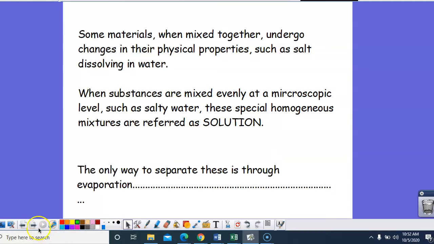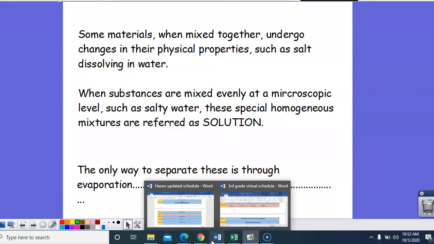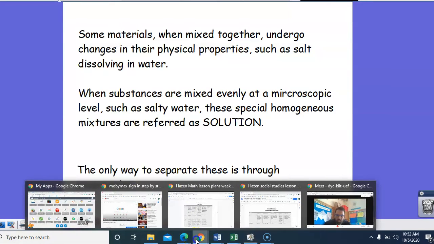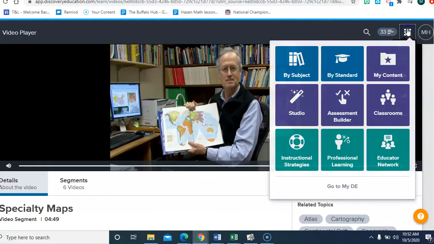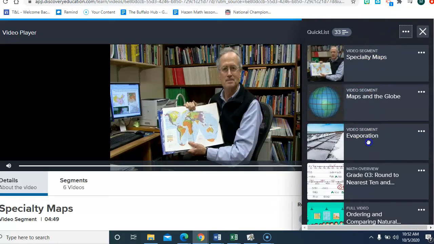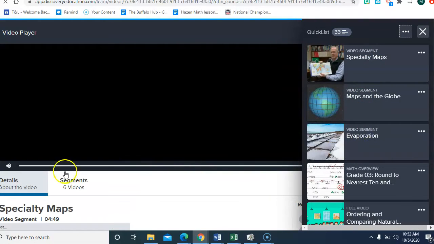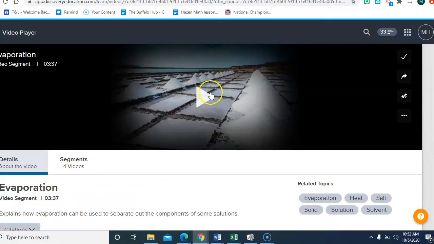Sometimes they do the evaporation just by the sun, or the other way is you would actually use a burner that you would have in your kitchen or your house to separate it. We're going to quickly watch the video for it. And then when we're finished with this, we'll be finished.